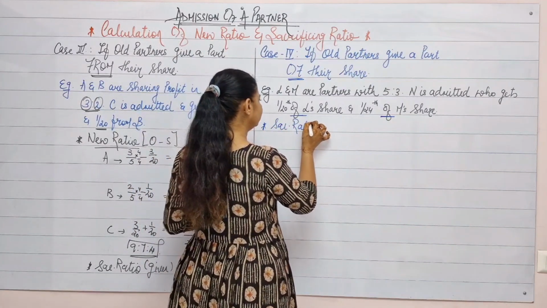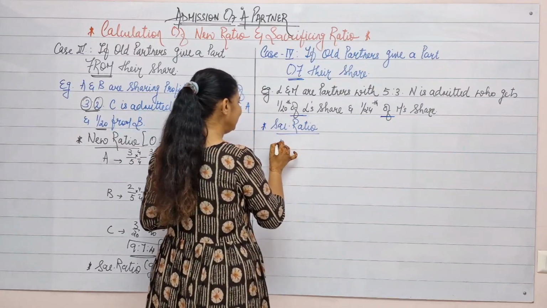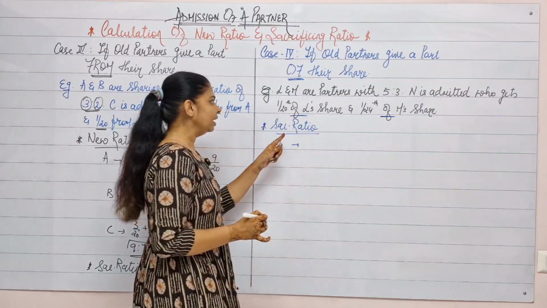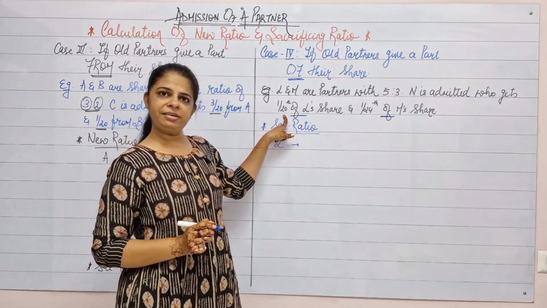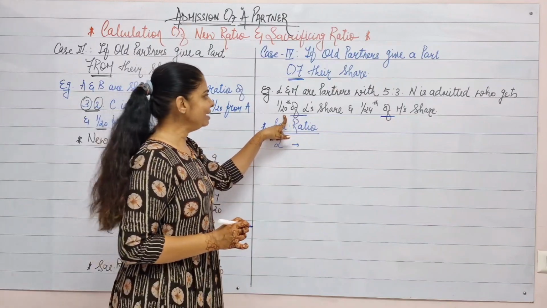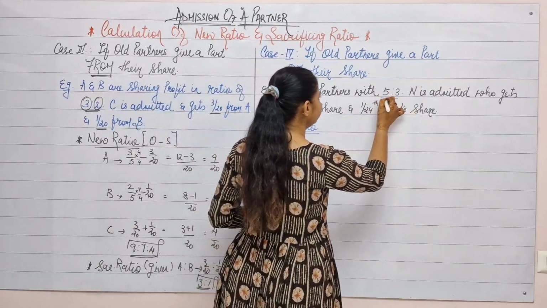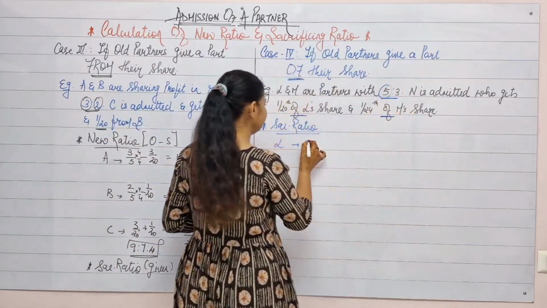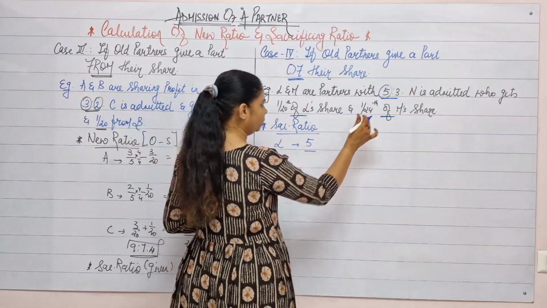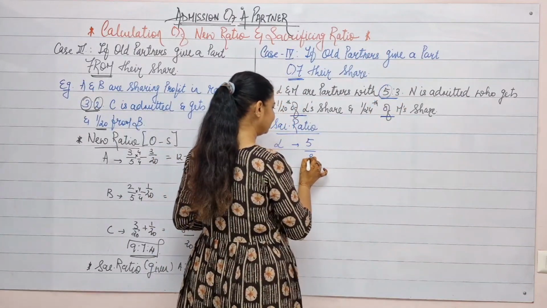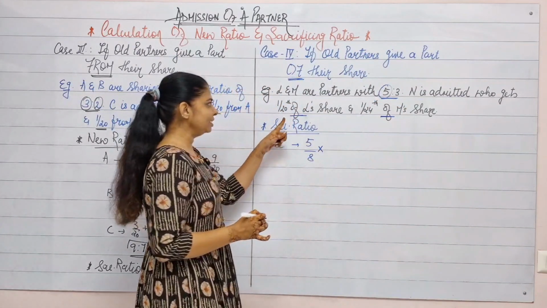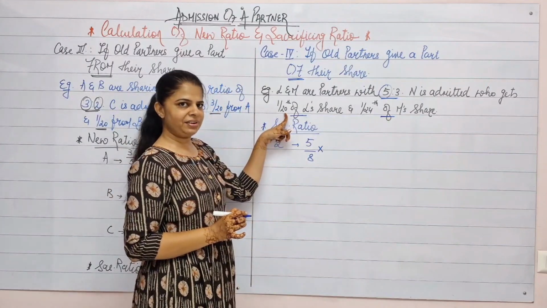Sacrificing ratio. L कितना sacrifice करेगा? अपने शेयर का 1/20. L का क्या शेयर है? As of this, L's share is 5/(5+3), 5/8. उसके शेयर का 1/20 सैक्रिफाइस करेगा.